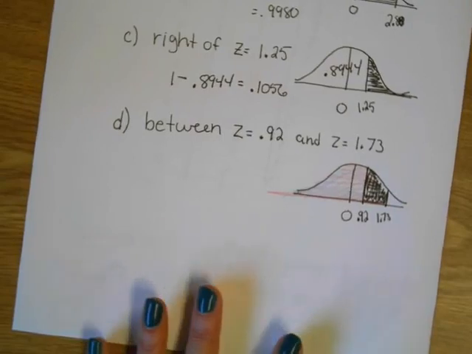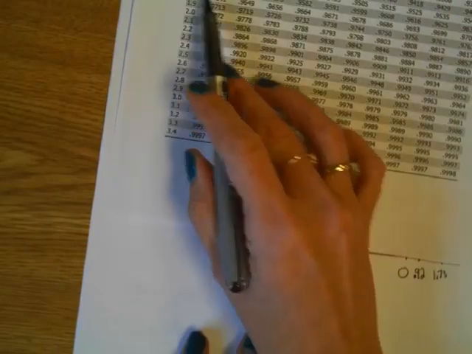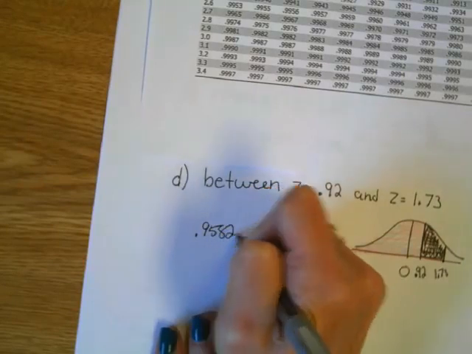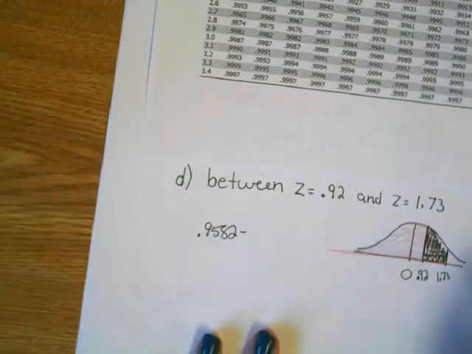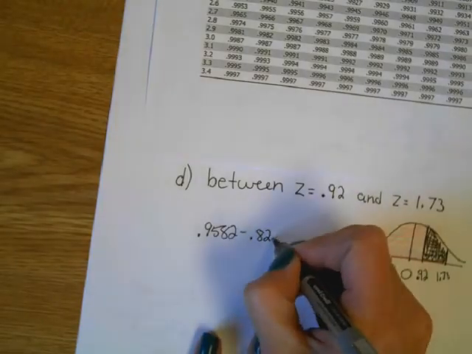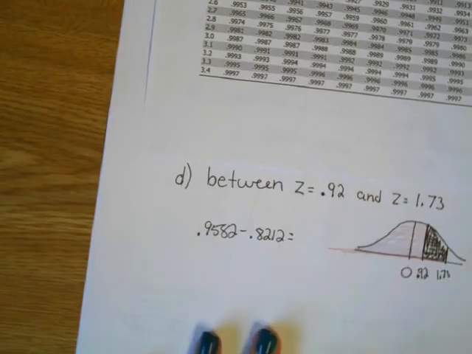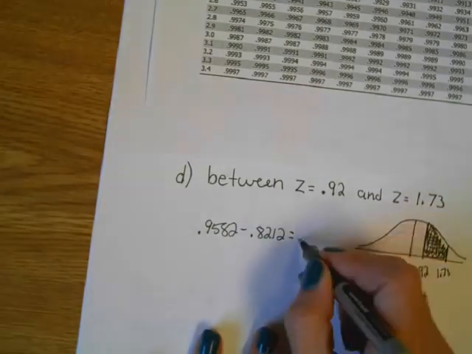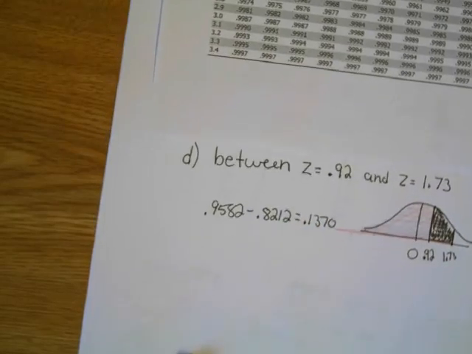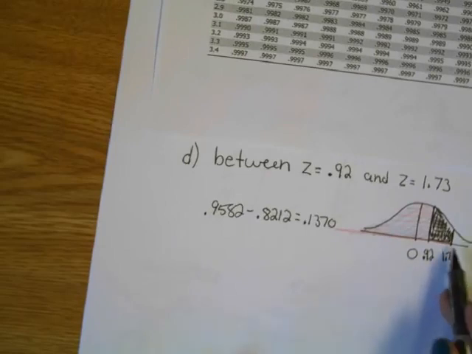So, 1.73, what's the area there? 0.9582. And then what's behind 0.92? 0.8212. And then it's just subtract. 0.1370. We subtract from the right, yes, because that's going to have the most area behind it. Because area is always going to stay positive.